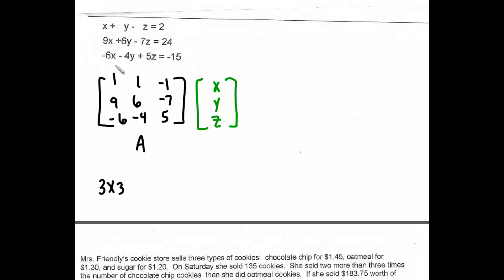And again, we need to make sure that all of these are x's. All of the second column is y. All the third column are z's. And the last matrix is the right-hand side of the equations. And that is our B. And this was a 3x1 matrix.